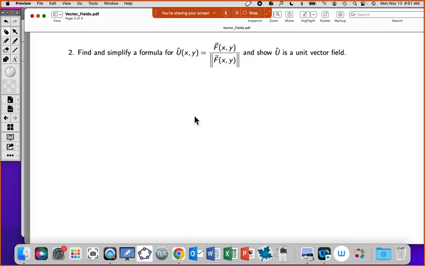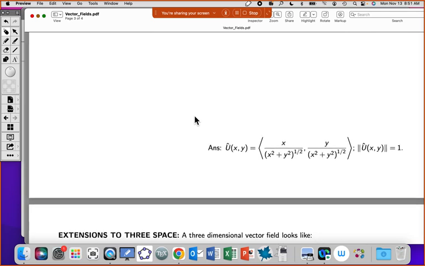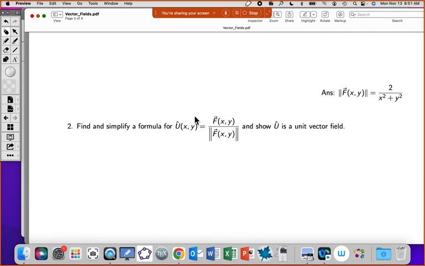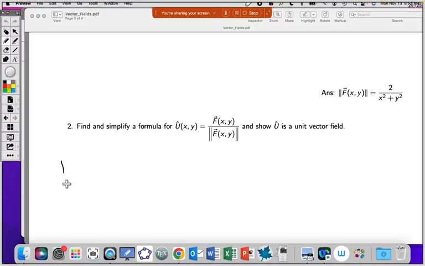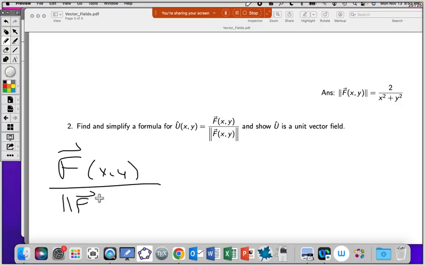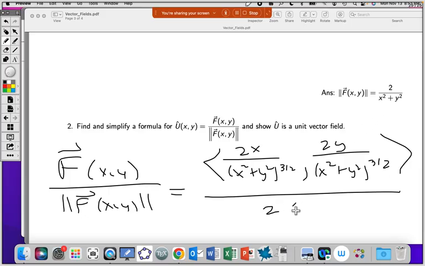Find and simplify a formula for the unit vector from this and show it's a unit vector. So I'll leave those machinations to you. I do want to remind you, how do you divide a vector by a scalar? So here's our vector, and I want to divide it by this scalar.